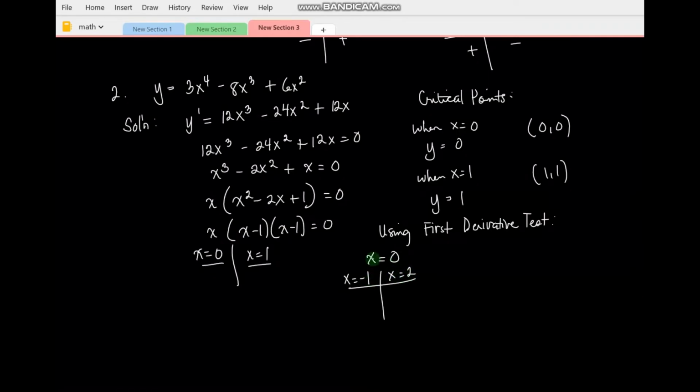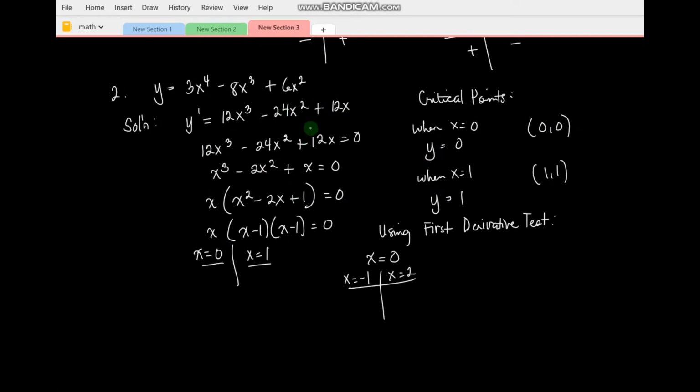Taking note, guys, that since 1 is also a critical number, we do not have to use it as a test point, because it's already a critical number. So x equals negative 1 and x equals 2, then we substitute these into the first derivative.